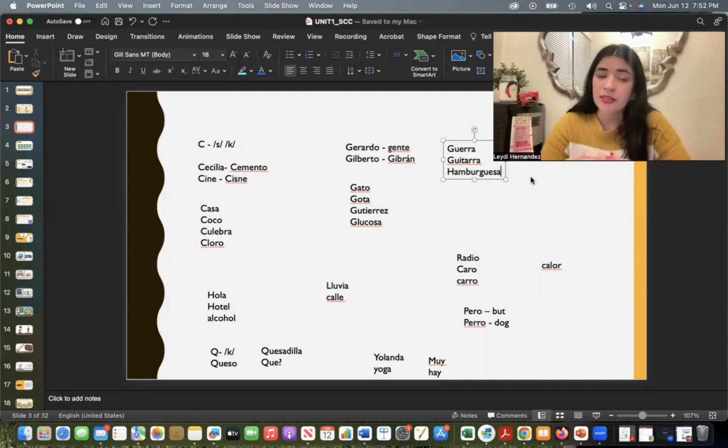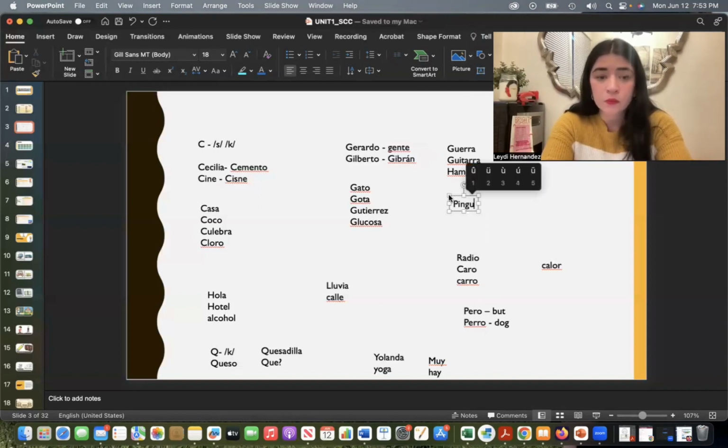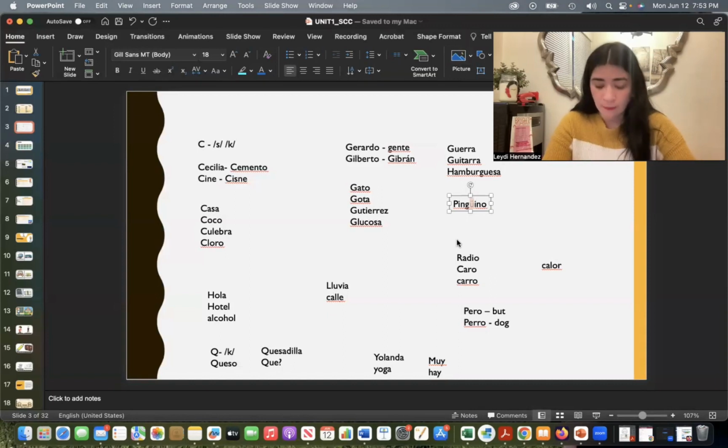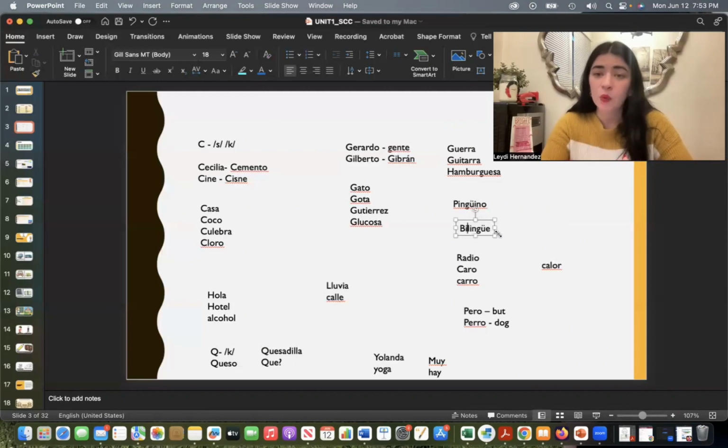Now, there are some letters in Spanish where you have to pronounce that U, but you will see these two points on top of the U, like pingüino, penguin. If you see these two points on top of the U, that means that you need to pronounce the U. Pingüino, or bilingüe, bilingual.